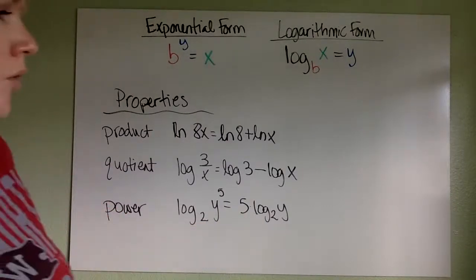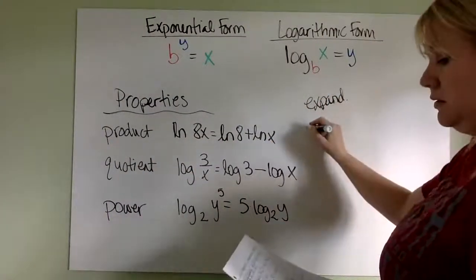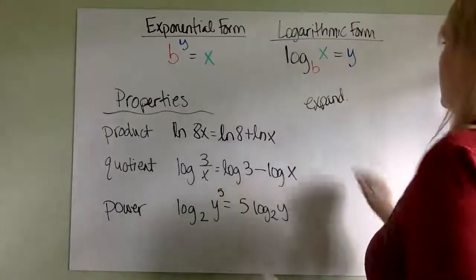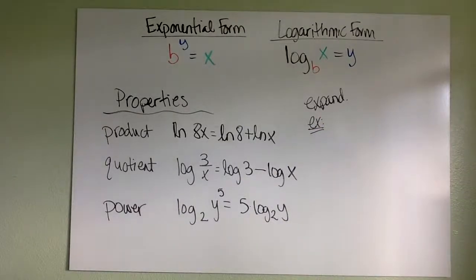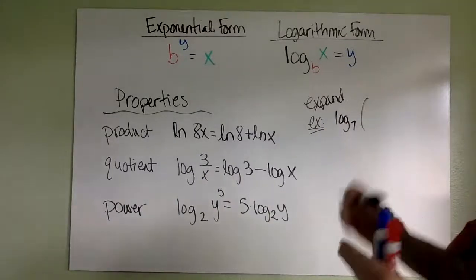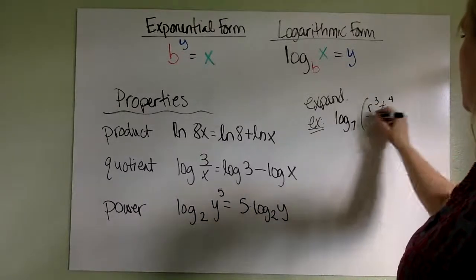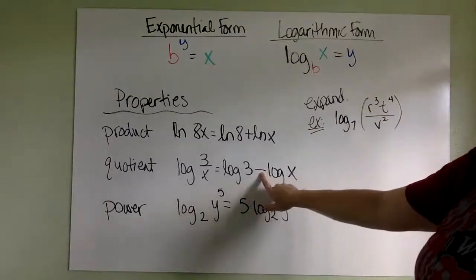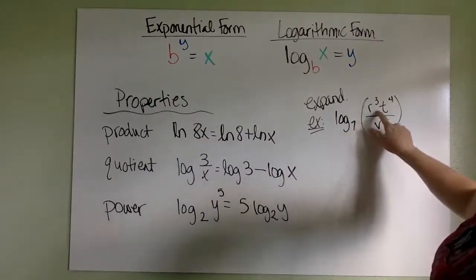Okay, so if I am going to expand an expression using these rules, if I have the log base 7 of r to the third t to the fourth over v squared, I might use my quotient property first, and change this to subtraction.